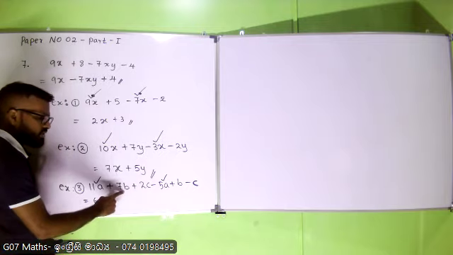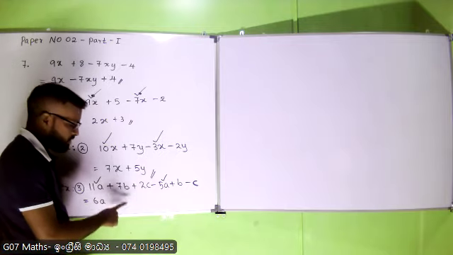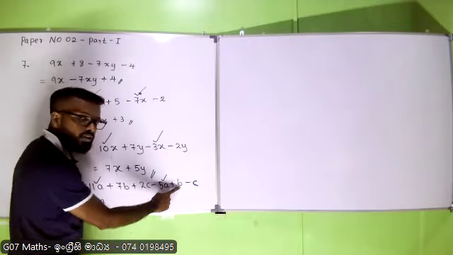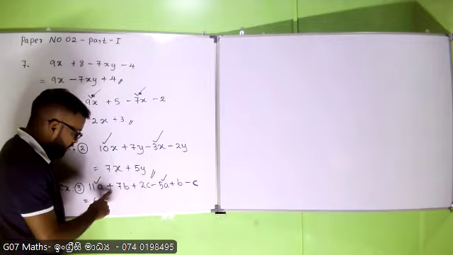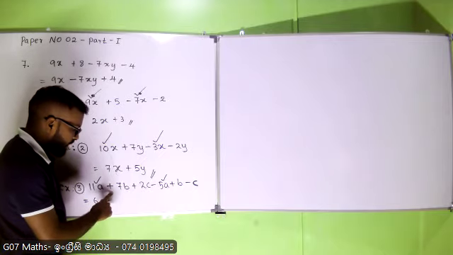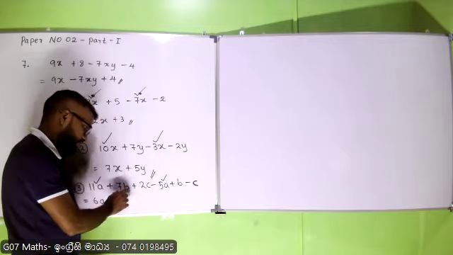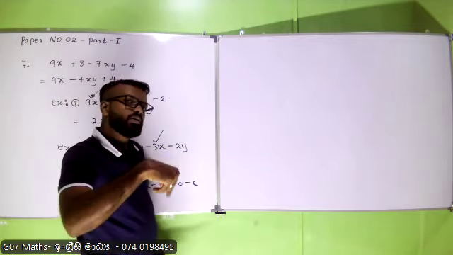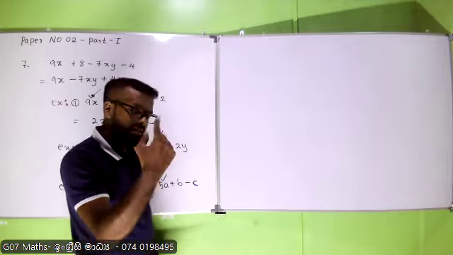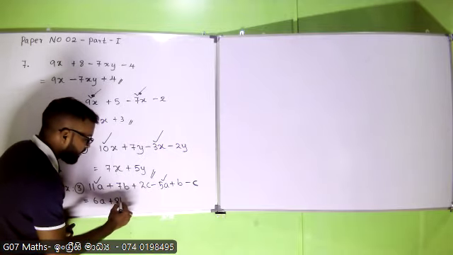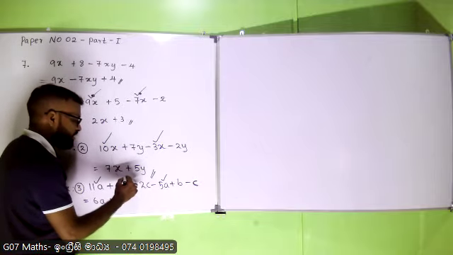Let's say this is 7 mangoes. Here we have 1 mango. Here we have plus 7, and here we also have plus. 7 mangoes plus 1 mango, 7 plus 1, 8. 8 mangoes, 8b. This one is okay.